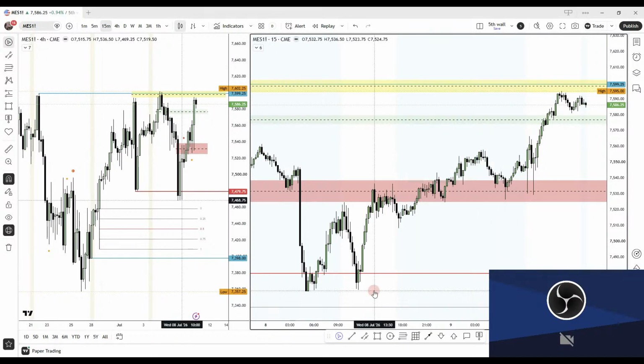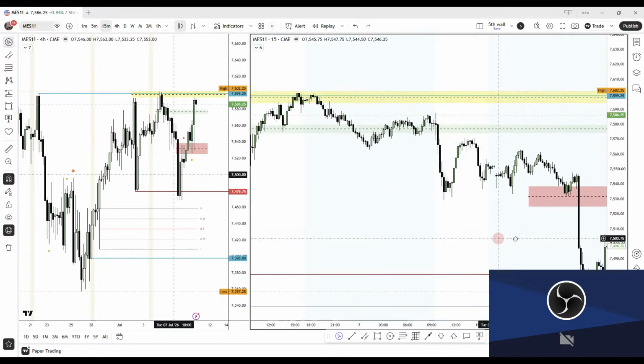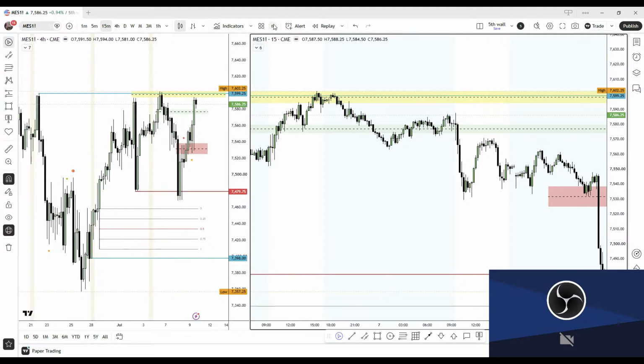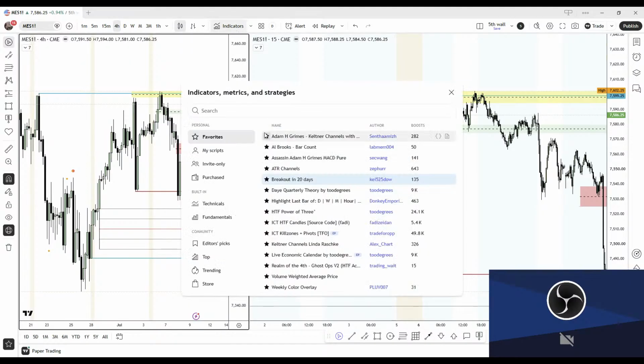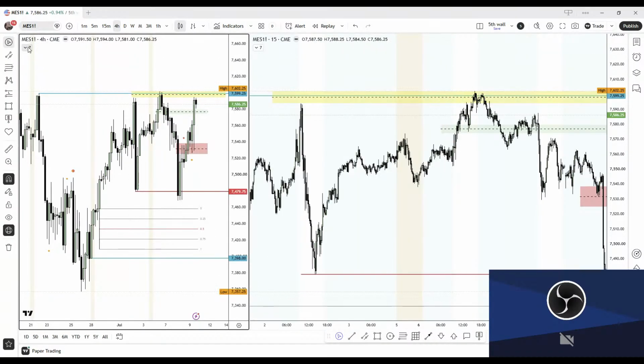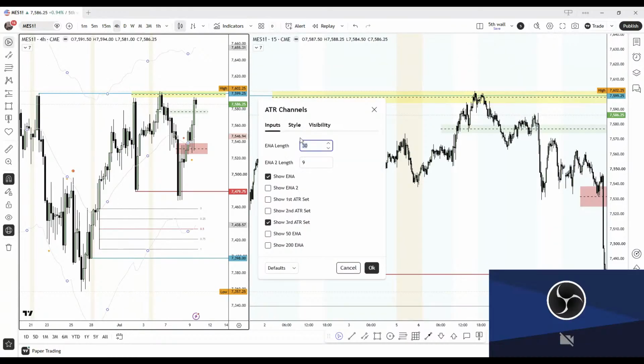All right, so start of the week. Let's make sure everything. Oh, another thing we could have done was put the ATR channel, 3 ATR channel. This is the 30 EMA. You can use the 20 or whatever.